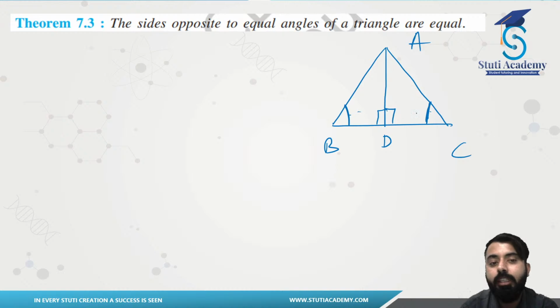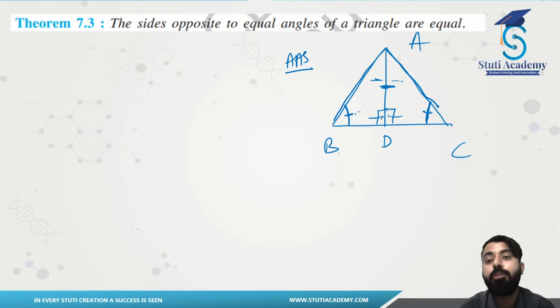These two angles were equal, and we had to prove that AB was equal to AC. Now you guys see, angles, and this was the common side. Using angle side angle, you can easily say both of the triangles are congruent, and you can easily say that AB is equal to AC. That was the proof.